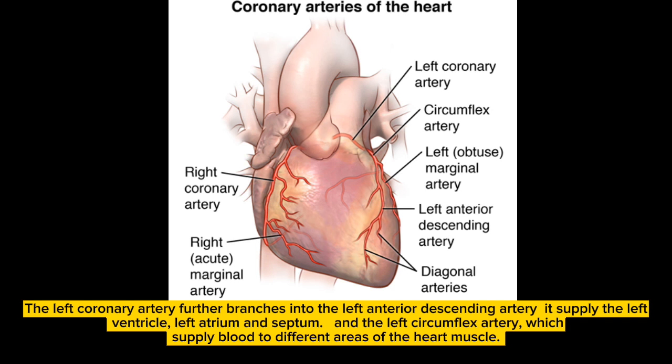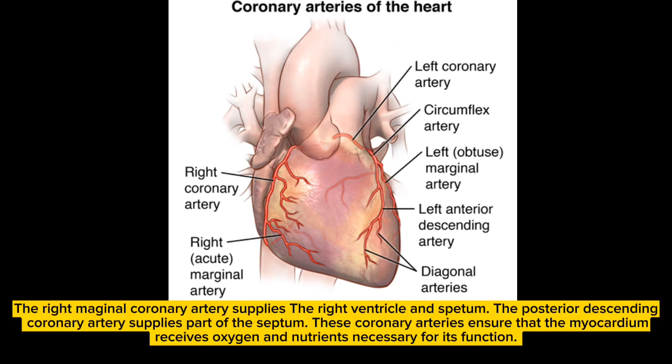The left coronary artery further branches into the left anterior descending artery. It supplies the left ventricle, left atrium and septum, and the left circumflex artery. The circumflex means it goes around the heart, which supplies blood to different areas of the heart muscle.